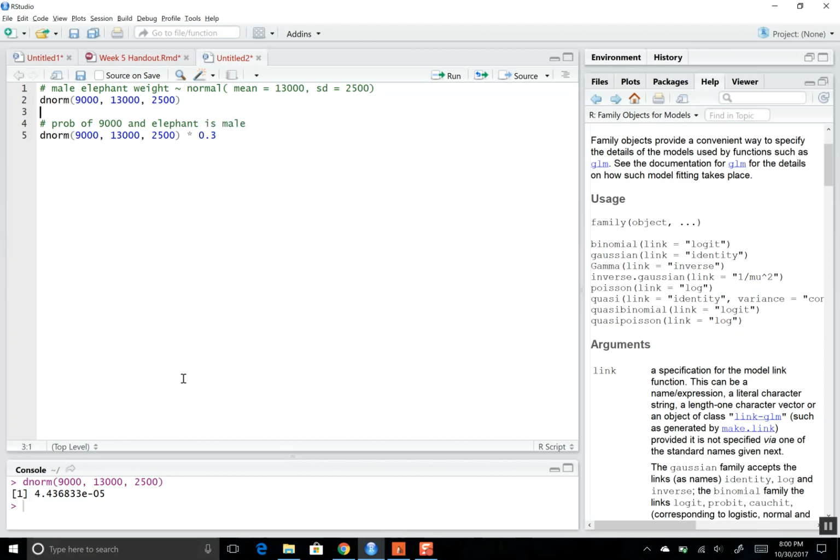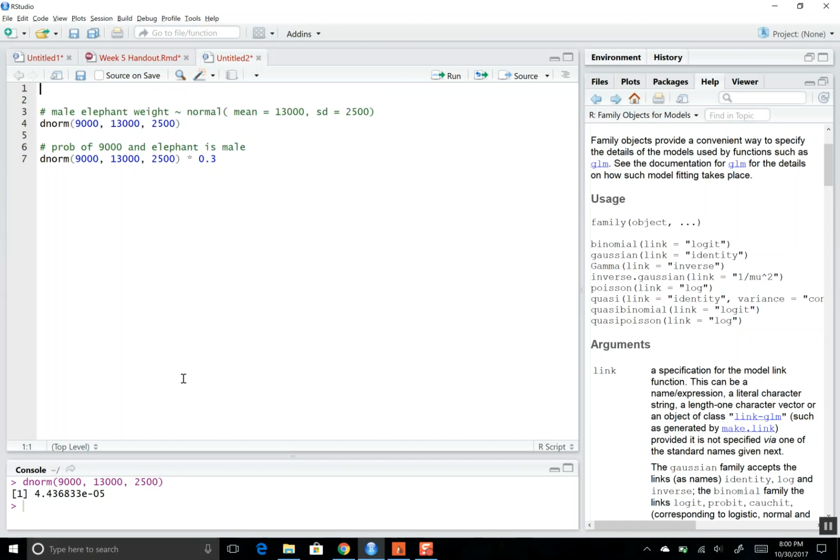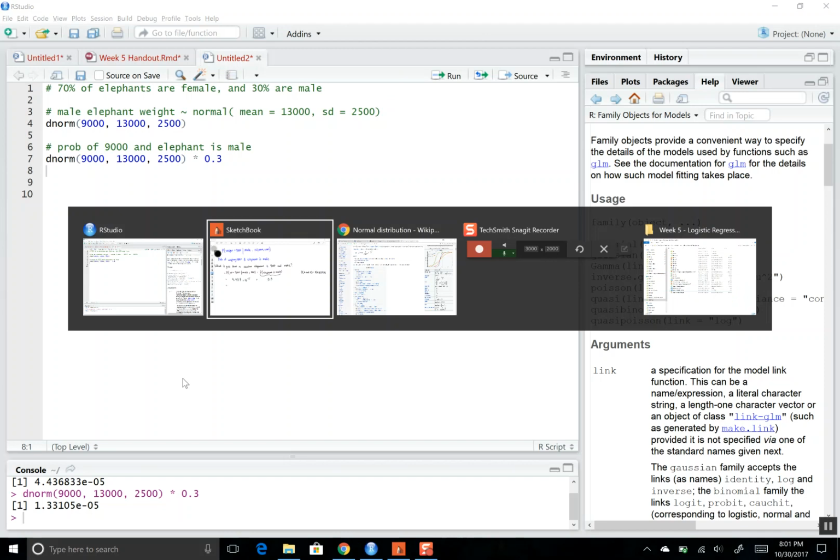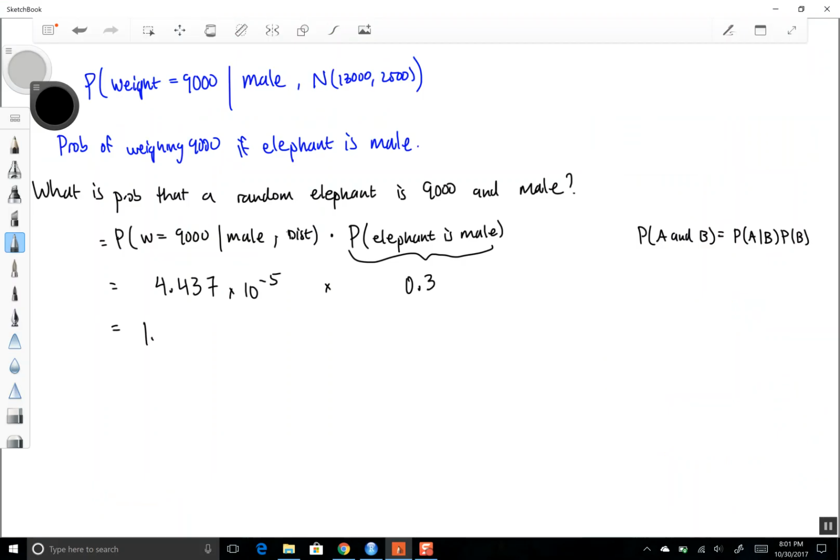Because earlier we established 70% of elephants are female and 30% are male. So now we have this. Is that okay? So this times 0.3, what is that? 1.33 times 10 to the minus 5.